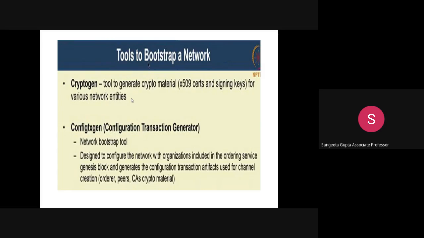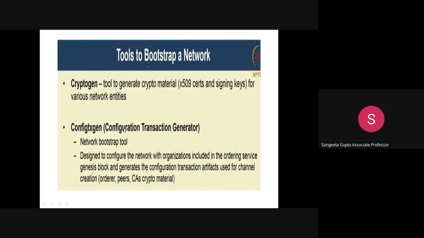Hence it is essential to use some available service provider like cryptogen, which will generate the required keys and certificates for different entities. Again, here it can be for channels, for peers, for validating nodes, for ordering nodes, for endorsers. They are all different entities, right?